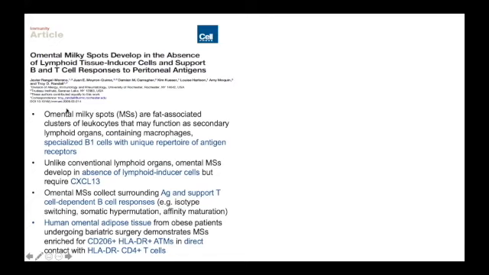So this described these omental milky spots that are fat-associated clusters of leukocytes that may function as secondary lymphoid organs, containing macrophages, specialized B1 cells that have unique repertoires of antigen receptors, particularly with regards to identifying targeting bacteria. And so unlike conventional lymphoid organs, these omental milky spots develop in the absence of lymphoid inducer cells, but do require CXCL13.